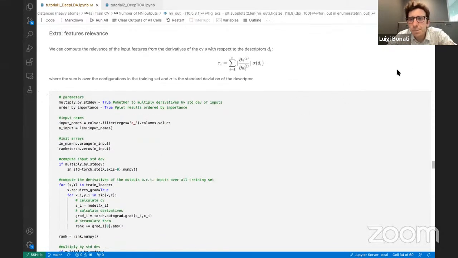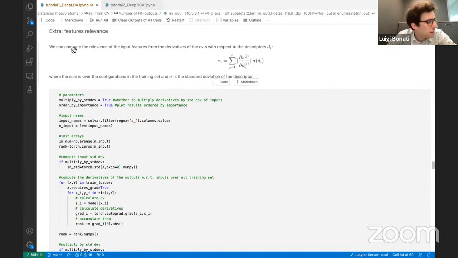Another extra thing I put here, because this was asked in the Slack channel, is how we can compute what's called, in machine learning jargon, feature relevance, which means evaluating the weights of the input descriptors in the CVs. This is a field of study in machine learning, and there are a lot of different techniques.